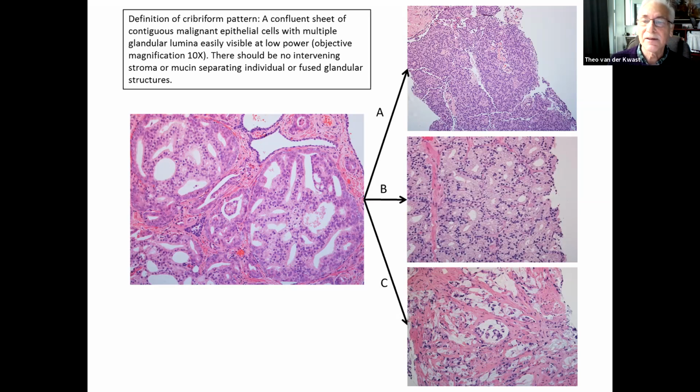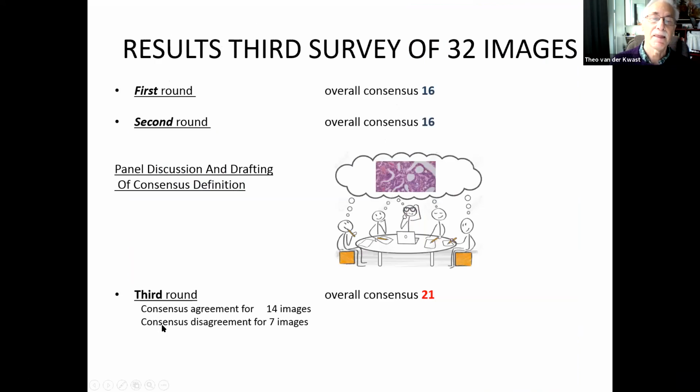The middle panel image on the right side does resemble cribriform pattern, but there is a little bit of intervening stroma between the glands, and that means you cannot call this cribriform pattern. And arrow C depicts mucinous carcinoma, where complex glandular structures are floating in mucin.